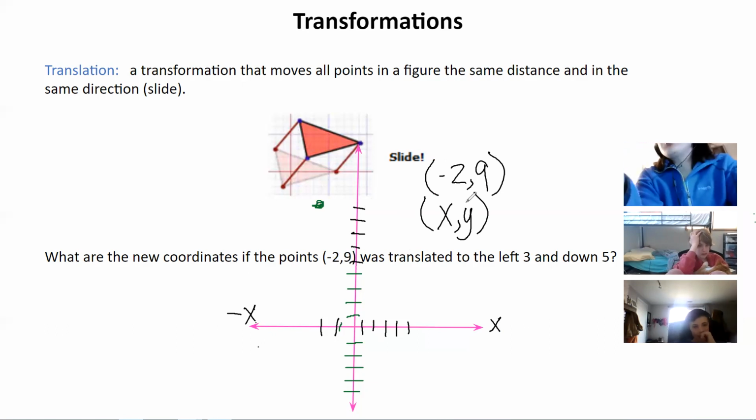They're always in the form of x comma y. So the x is always first. And this would be a really good thing to write down if you forget it, because it confuses people. It really does. So the -2 goes with the x and the 9 goes with the y. So then we start in the middle. What's another word for the middle of the coordinate graph?